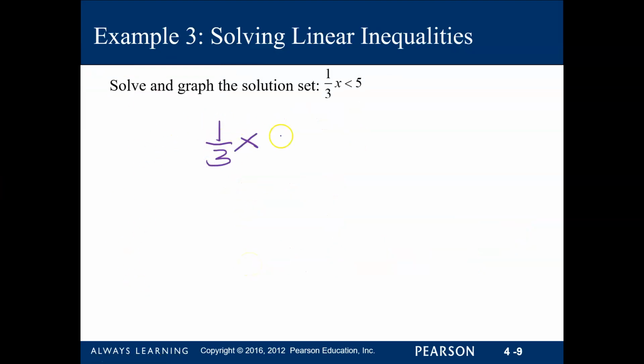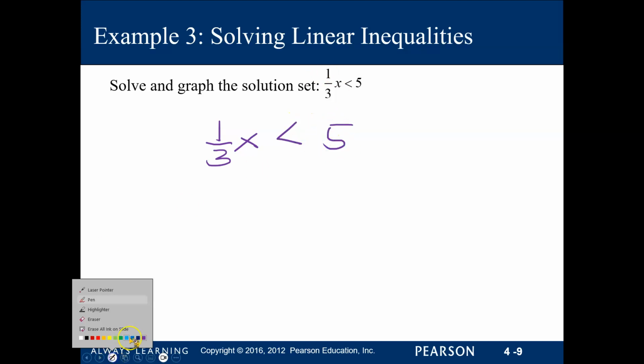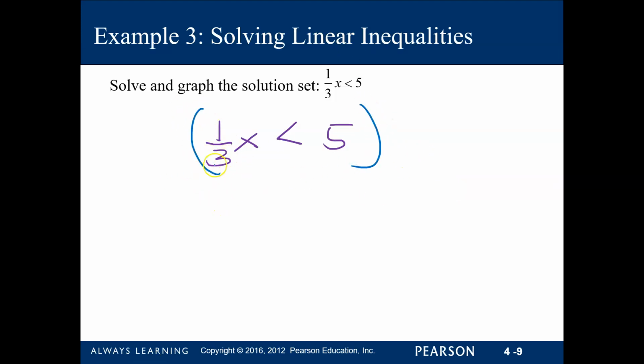Okay. Let's have this next example. 1 over 3x is less than 5. As you can see here, we have a multiplier. So pretty much you have to divide by 1/3, or because it's a fraction, we can remove this denominator by multiplying by the reciprocal, so that this 3 and this 3 will get canceled.